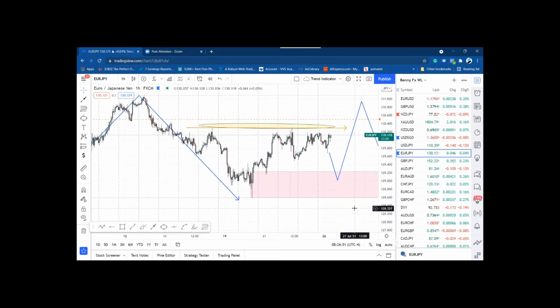Why? Because they want to move lower, and when they want to move lower, they need to sell. When they need to sell, they need someone to buy from them. So those traders who take this as a strong resistance will put their sell limit here and their stop loss above, right? Their stop loss is actually a buy order, because they put the sell, so their stop loss is a buy order.